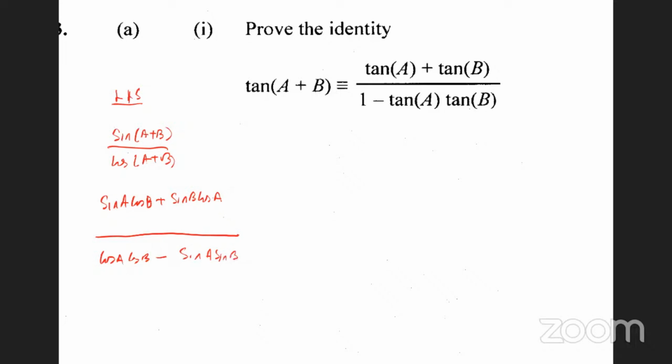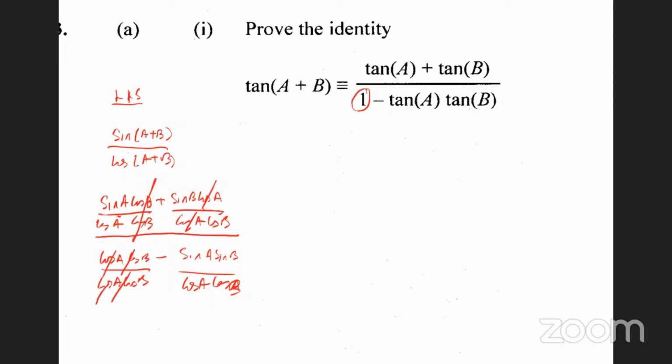I want to get 1 here. So what I could do is probably divide every single term by cos A cos B. And watch what will happen. This will cancel, this will cancel, this will cancel and give you 1.